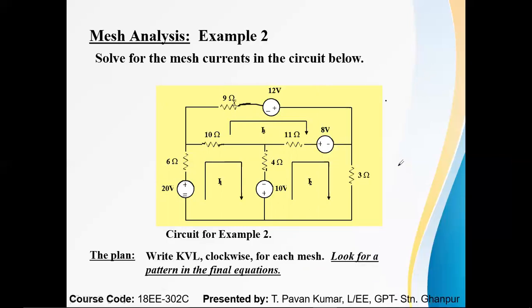Here, same thing. You need to apply the mesh analysis for these three loops. Here there are I1, I2, and this is one loop, second loop, third loop: I1, I2, I3.